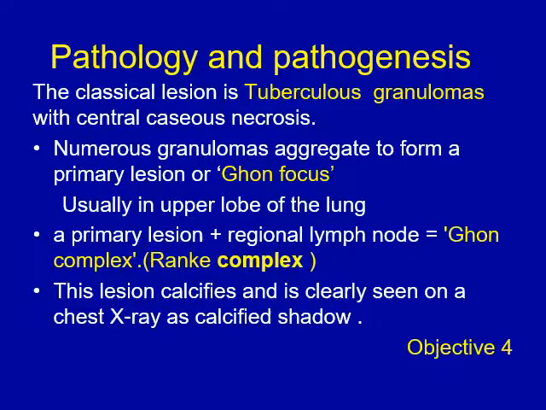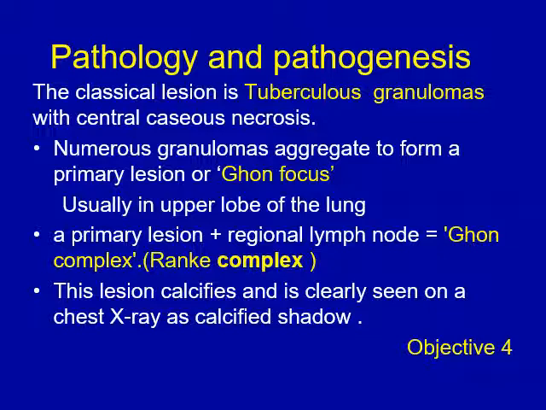And these caseating granulomas coalesce together. Numerous granulomas aggregate to form the primary lesion in the lung called the Ghon focus, usually occurring in the upper lobe of the lung. This spreads to the lymph nodes, resulting in regional lymph node enlargement. So the Ghon focus or primary lesion plus regional lymph node enlargement is called the Ghon complex or Ranke complex.